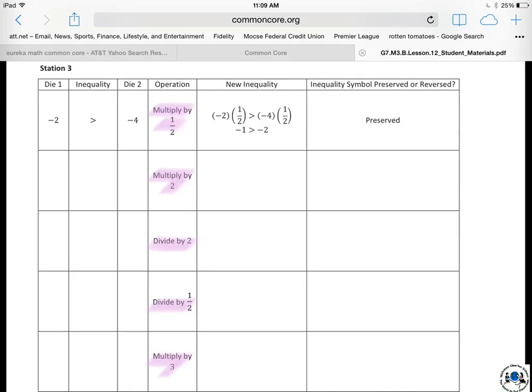Anyway, let's look at what happened with the first scenario they gave us. So we had -2 being greater than -4, of course, which is true. Now, if you multiply by 1/2, and again, noticing that 1/2 is a positive 1/2, you notice what happens here. -2 times 1/2 is actually -1. -4 times 1/2 is -2, and therefore the inequality symbol has been preserved, because -1 is indeed greater than -2.